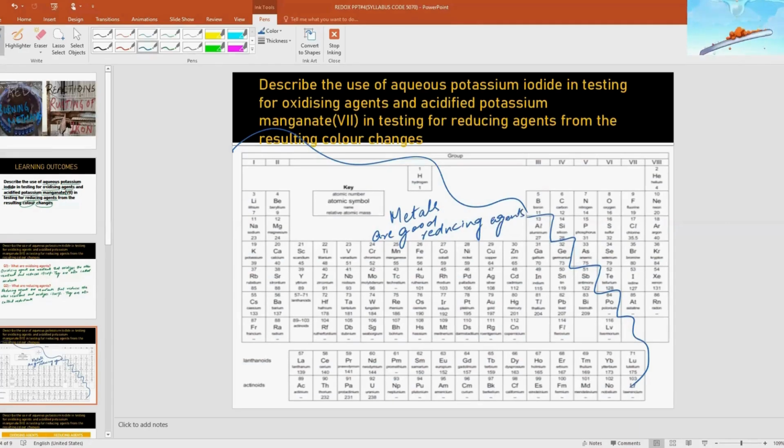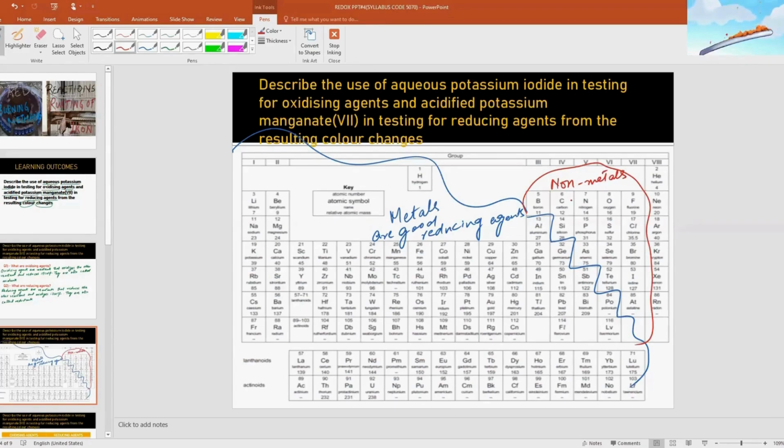On the right hand side of the periodic table, we will find oxidizing agents. And we know that on the right hand side, there are non-metals. Let me write non-metals.